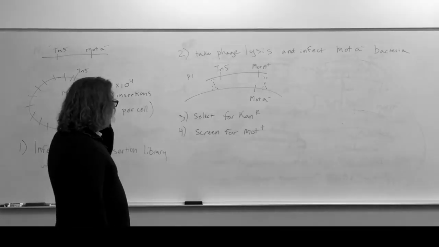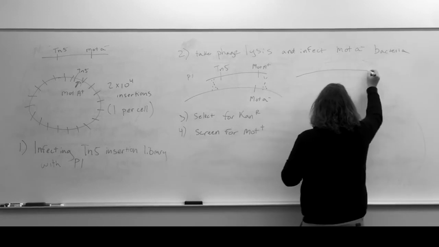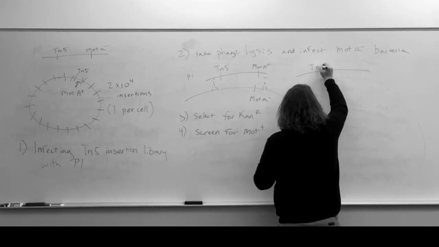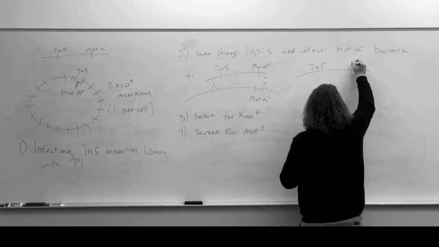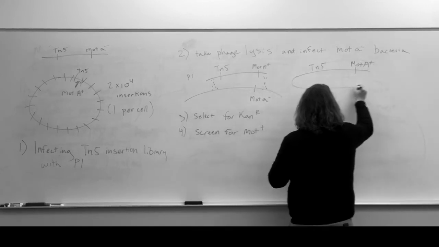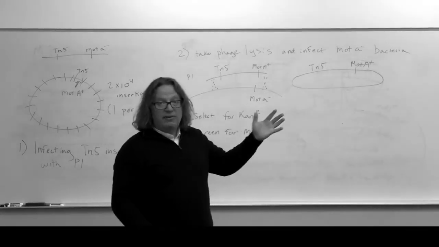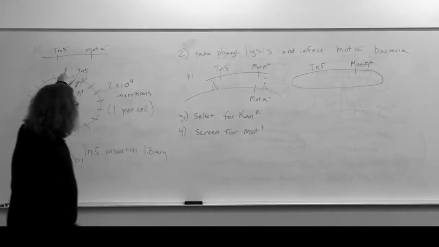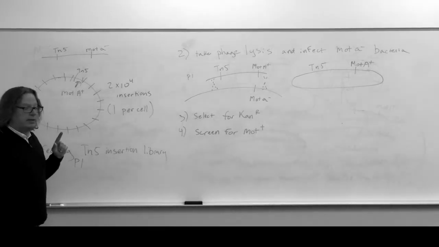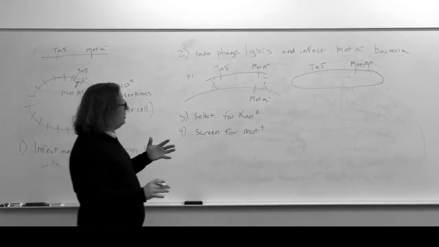All right, so what do we have then? Well, what we have then is a bacterial strain that has TN5 and MOT A+. So how do we get TN5 MOT A- like we wanted to begin with? Well, as you might expect, it involves another phage transduction experiment.